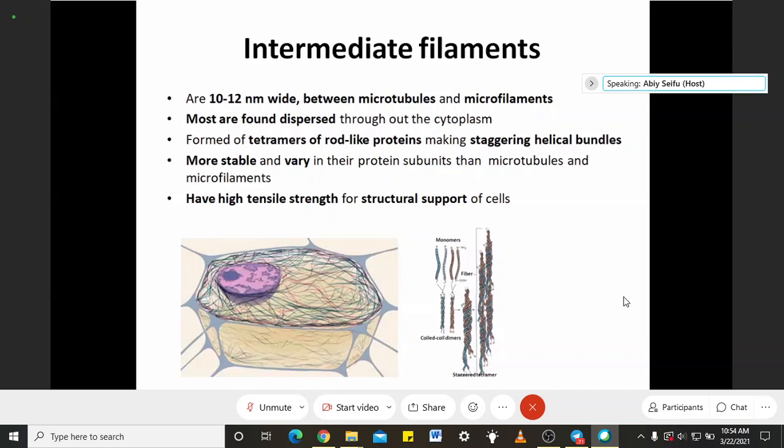Within these cells, we have large amount of keratin. This keratin is nothing but intermediate filaments. So they are more needed for giving the cells strength, to have a high tensile strength, and for withstanding tension, for giving structural support. This is their specific role.